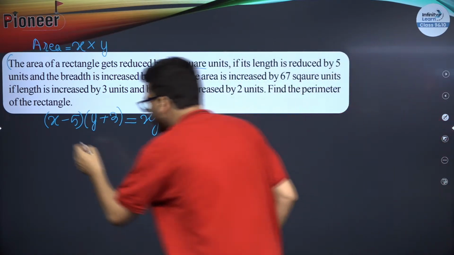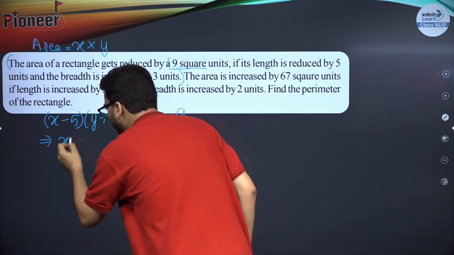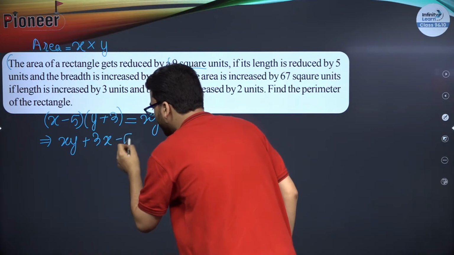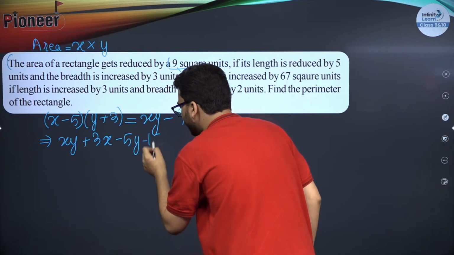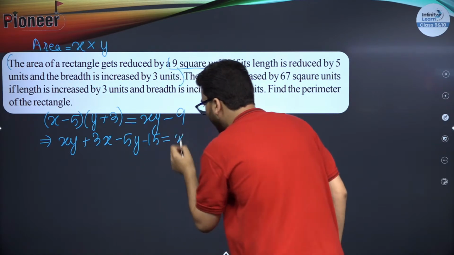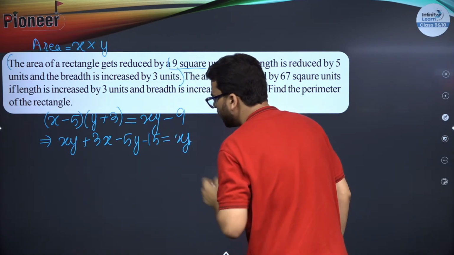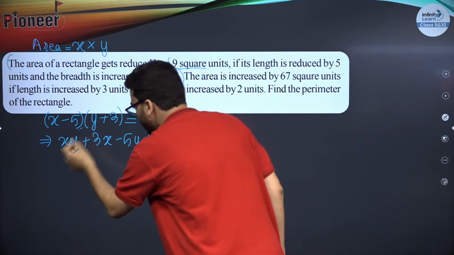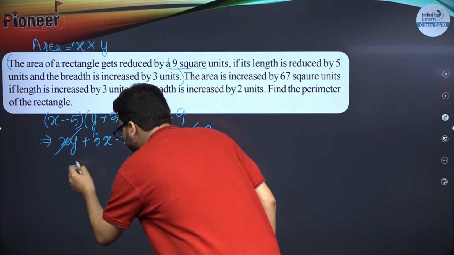Now I can simplify this, just open up the bracket, you will get xy plus 3x minus 5y minus 5 3s are 15 and that is equal to xy minus 9 over here, right? So can I cancel out xy over here, guys? So what will I get over here? Just tell that quickly.